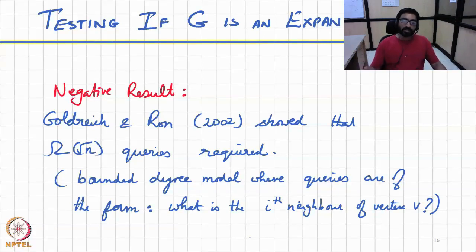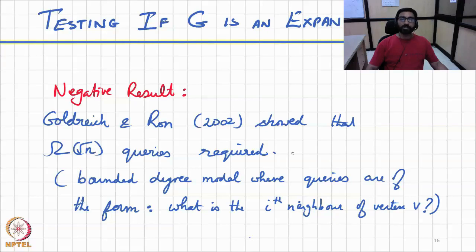You can use these queries to perform random walks, because you can go from one vertex v to a neighboring vertex uniformly at random, and so on. So it's perfect for random walk based algorithms.